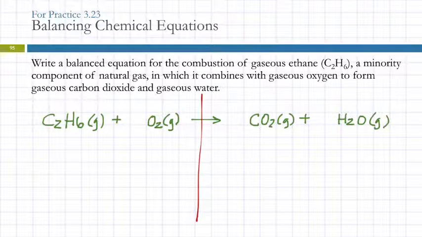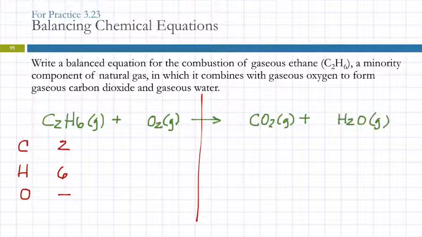We need the same amount of each thing on each side. Then I'm going to make a list, sort of take inventory. I've got carbon, hydrogen, oxygen. So in C2H6, I have 2 carbon atoms, 6 hydrogen atoms, and no oxygen atoms.